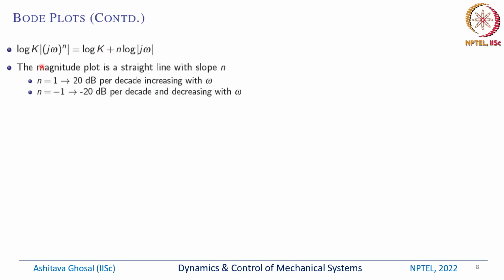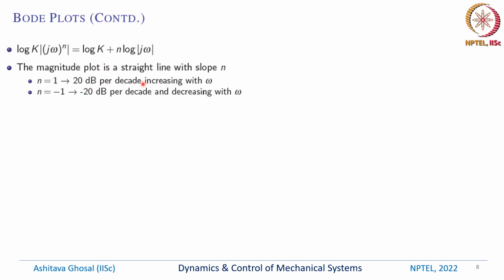You can see that the magnitude of this K (j omega) to the power n is nothing but a straight line with a slope n. So if n is equal to 1, then we will have 20 dB per decade. So basically, if omega goes from 1 to 10, the magnitude will increase by 20 dB.